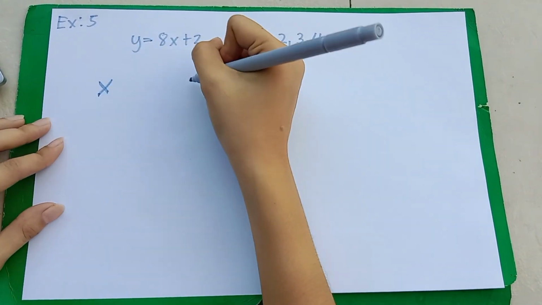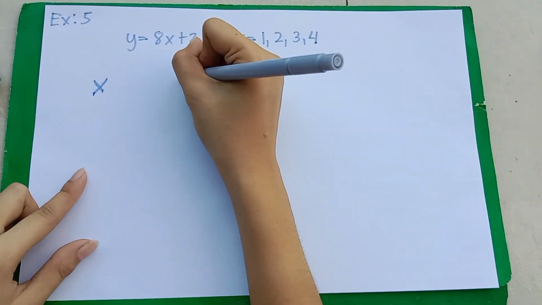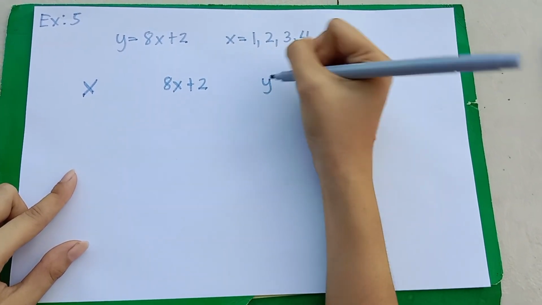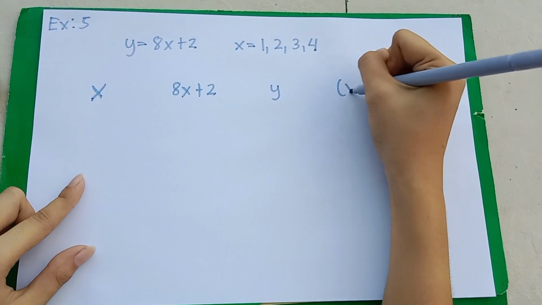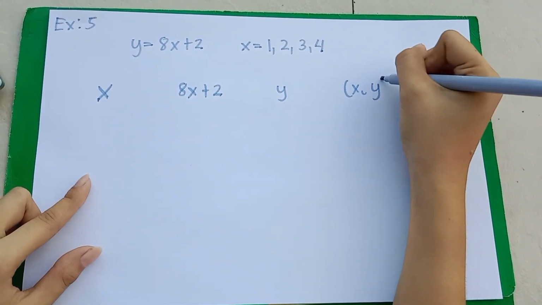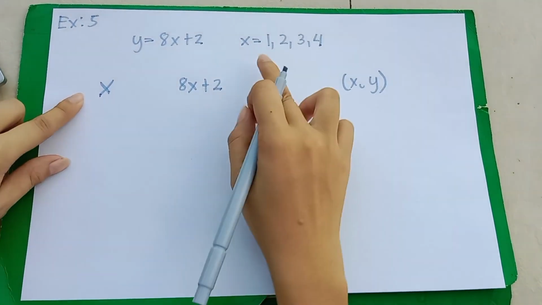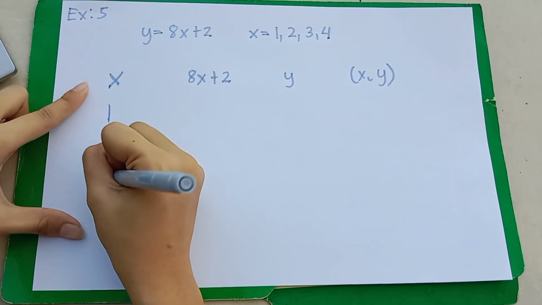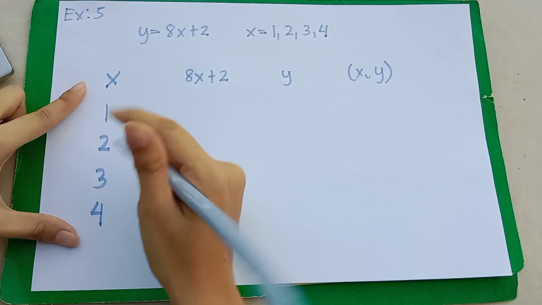We have columns for our x, for our equation 8x plus 2, the value of our y, and lastly the ordered pairs x and y. So here we already have the values of x: 1, 2, 3, and 4.